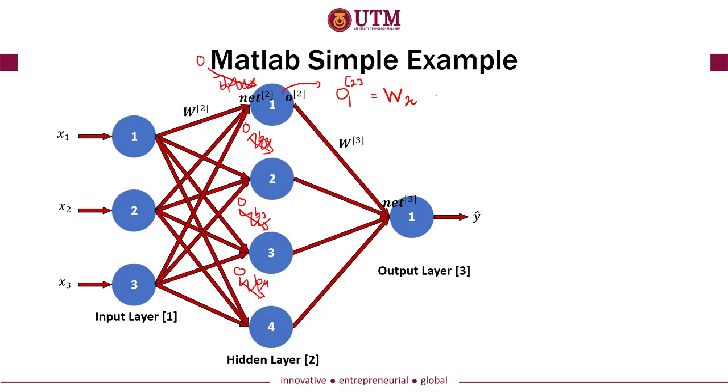You don't have to put the plus B there, because the B is multiplied with 0, so it can be cancelled out. The equation is just left like this, meaning O1 is equal to W multiplied with X.